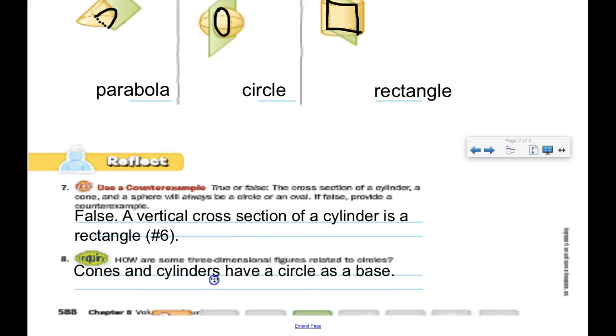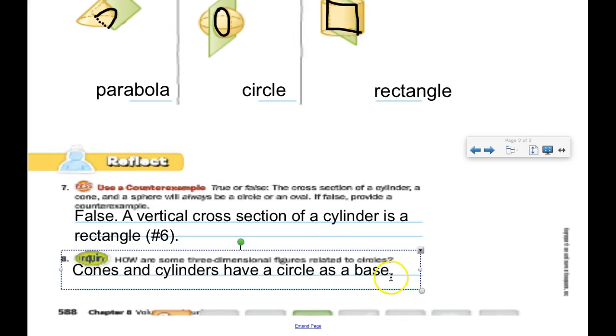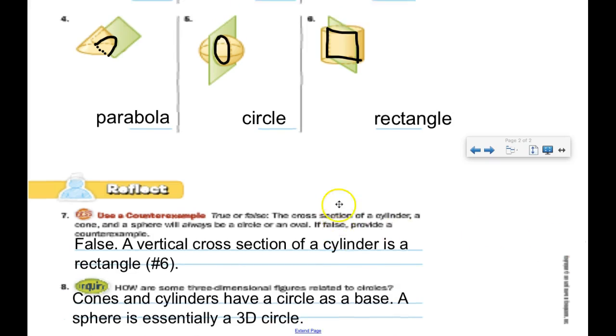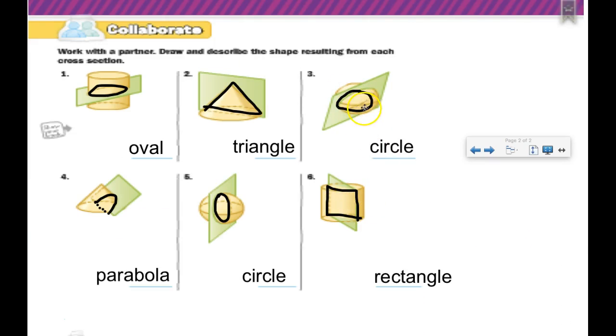And then what about spheres? We don't have a whole lot of experience with spheres, but a sphere is essentially what? It's essentially a 3D circle. I know that may not make sense, but think about a basketball, or it is a circular shape.